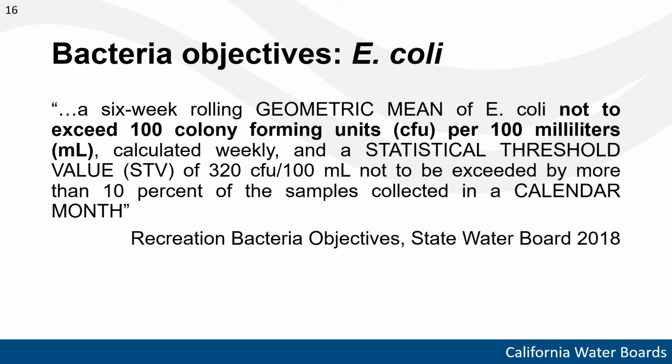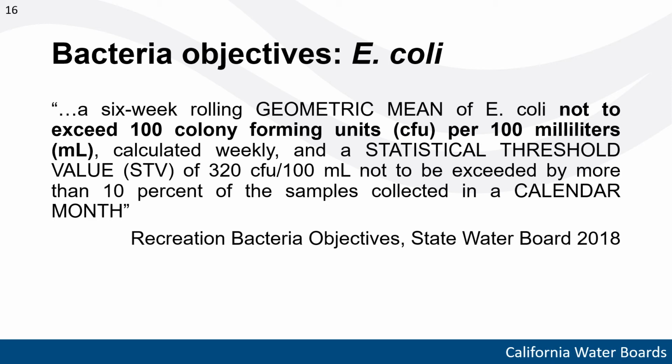For longer-term monitoring, and the element I want to focus our discussion on today, is the average allowable number of E. coli colonies in a surface water over a 6-week period, which is set at 100 colony-forming units per 100 milliliters of sample water. So cast your mind back to the previous slide where fecal coliform over a month is 20 colony-forming units, and now compare that to E. coli over 6 weeks, which is 100 colony-forming units.